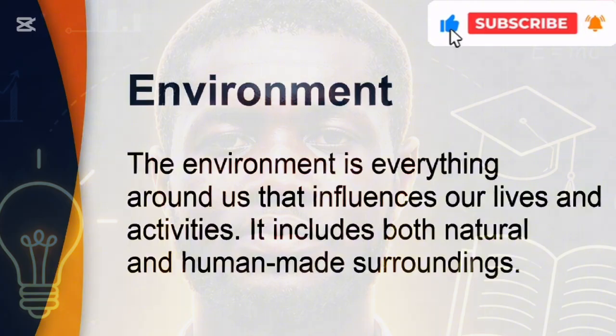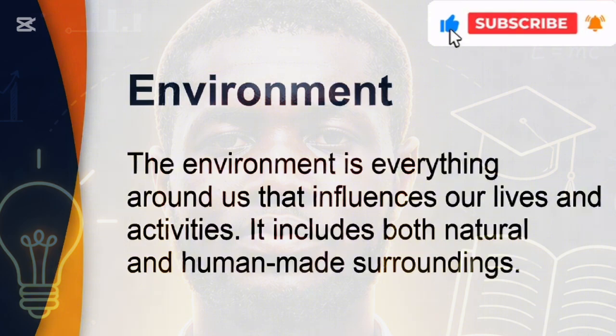In your environment, some of the things can be man-made, some can be natural. You see animals moving around; animals are naturally made. You see cars are artificial, man-made, but they all form part of the environment.